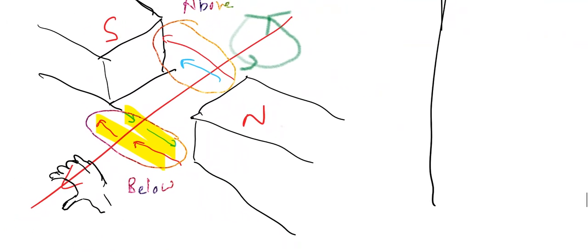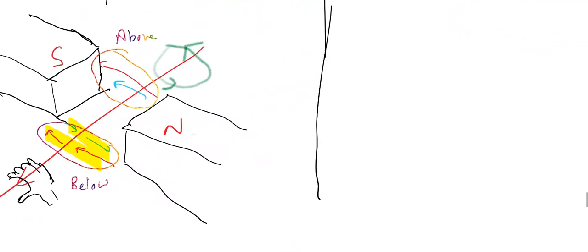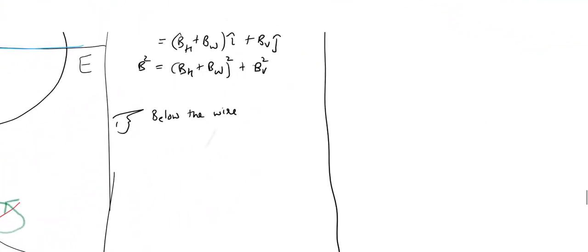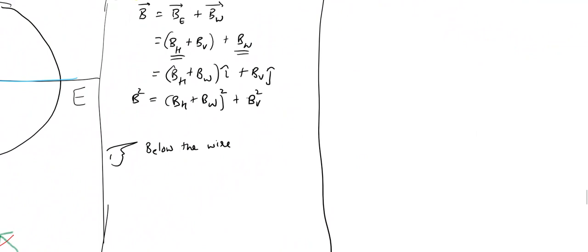And considering dip angle, I have to subtract this only from horizontal component, and then my equation will be B is equal to (BH minus BW) i cap plus BV j cap.